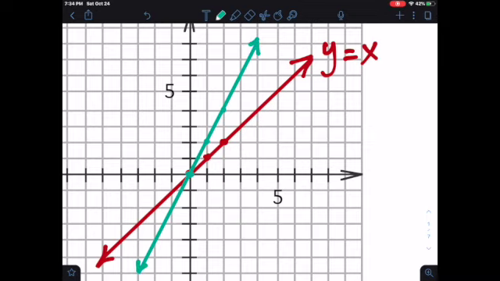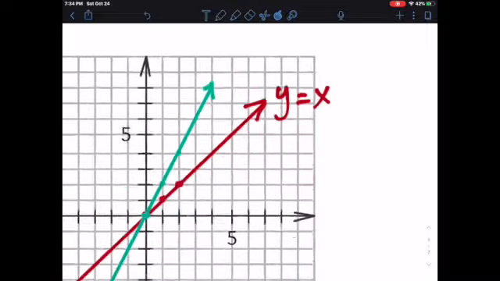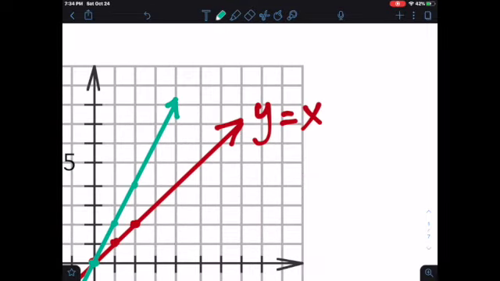And that's going to be the line y equals 2x.